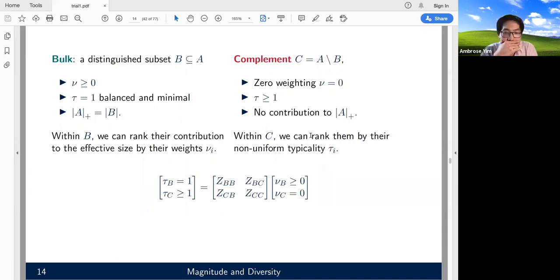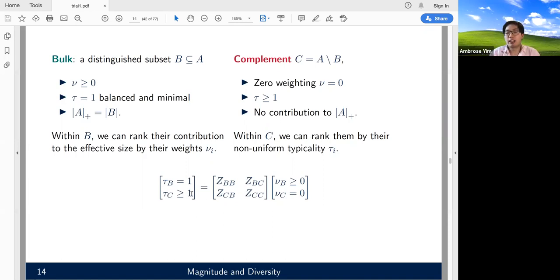And here's just a formula to keep track of all this information. On the left-hand side, it's just a column of typicalities of each article, and we separate them into two halves, those belonging to the bulk and those belonging to the complement. On the bulk, it's balanced and minimal, so it's 1, and on the complement, it's bigger than 1.